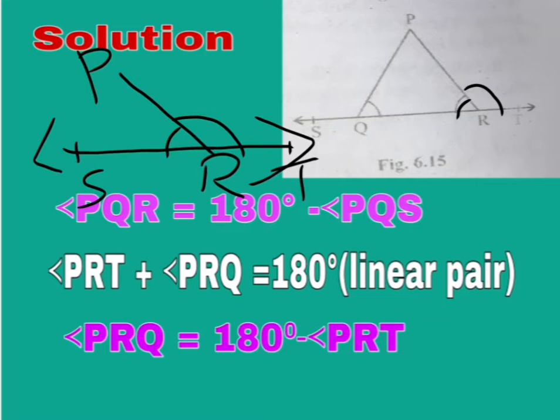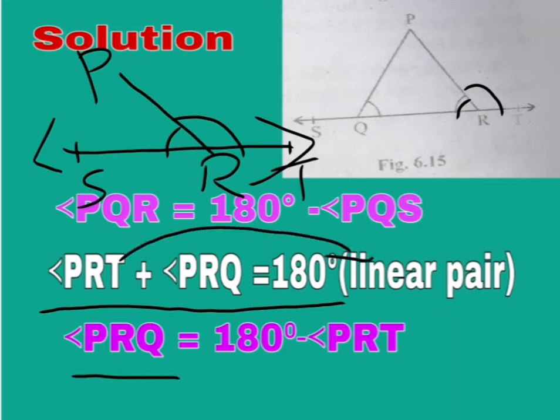The sum of these two angles is also equal to 180 degrees, because they are also angles formed on a straight line. So here also PRQ we keep on one side and shift PRT to the other side of the equation. It has become minus PRT. So consider this one as the second relationship.